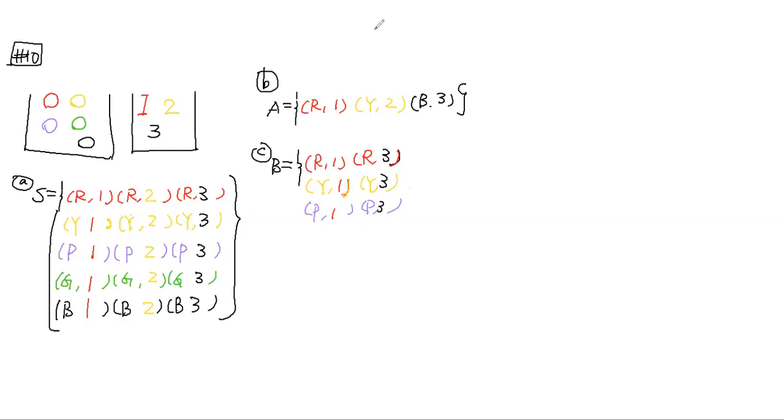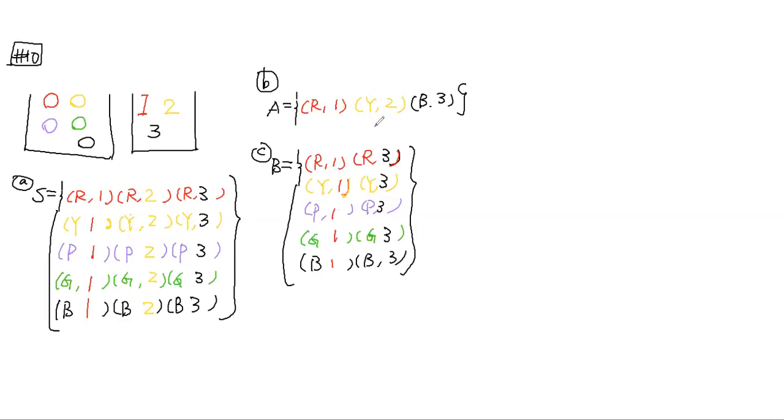Now I have a green 1 and a green 3. And the last one here is black. So I'm going to have a black 1 and a black 3. Okay, so this is my event B. That means all the number balls you have have to be odd numbers here.